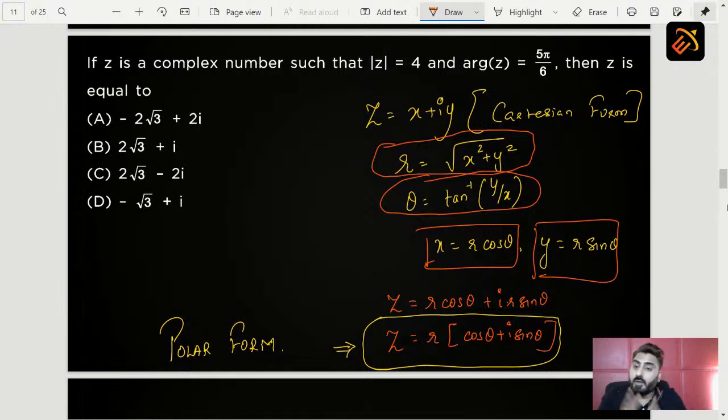But when you are converting from polar to Cartesian form, you are putting a value, but after that you are substituting a value. So you will get your Cartesian form.